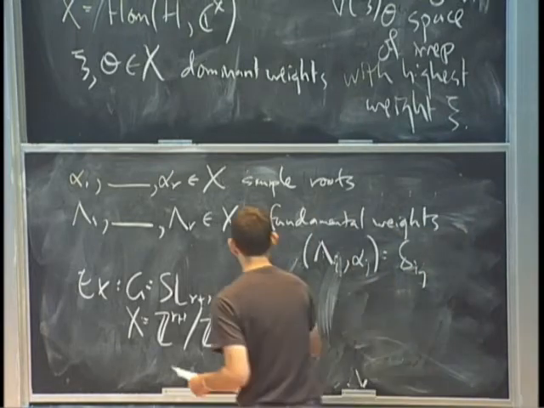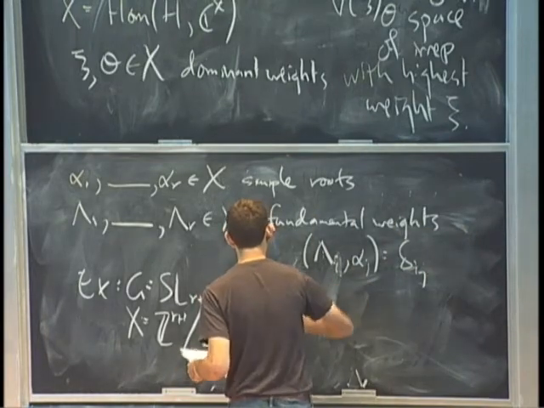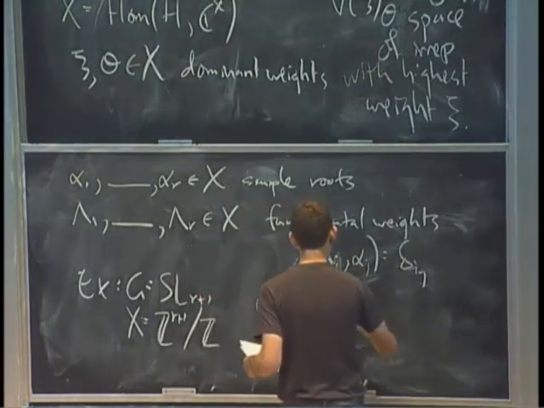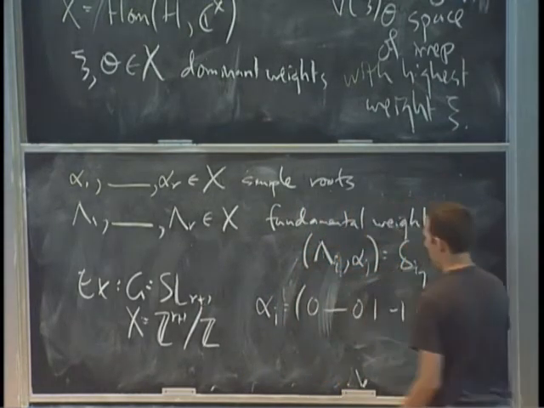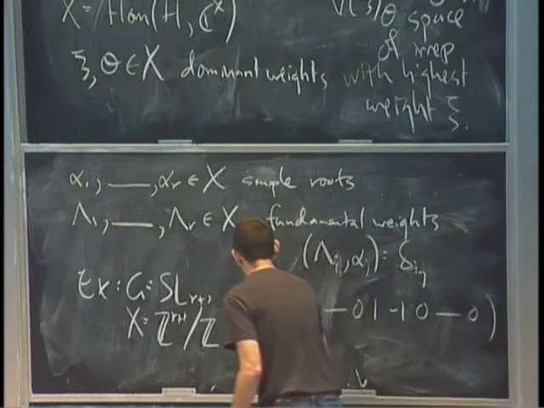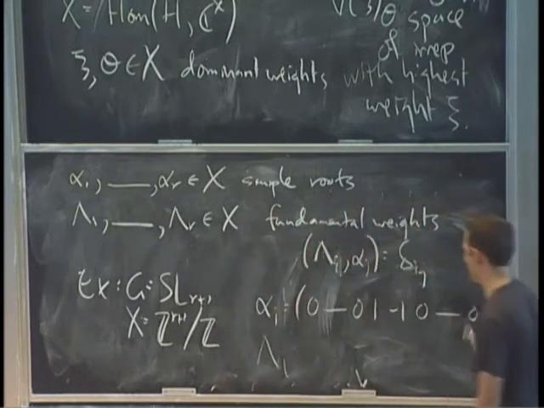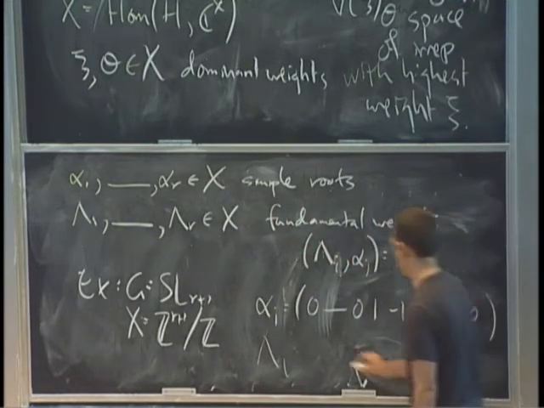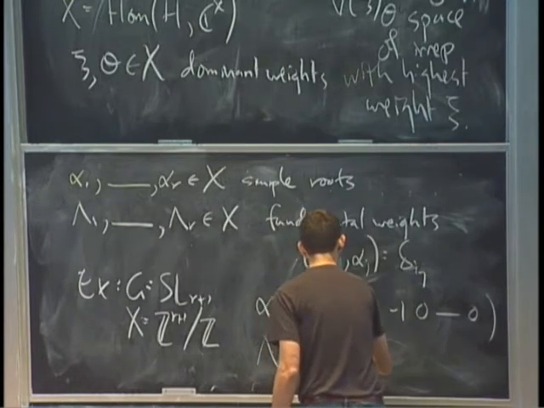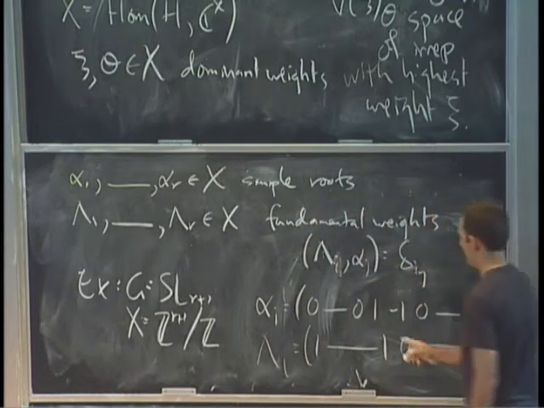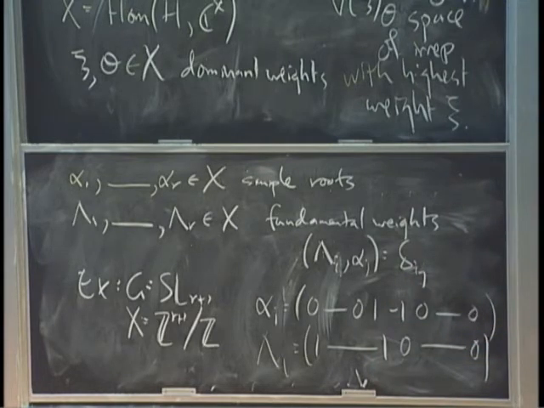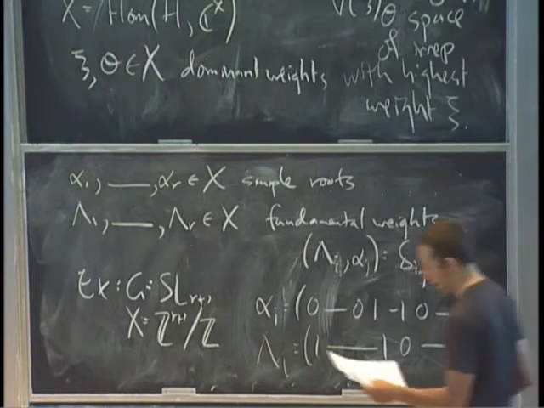And here alpha i is a bunch of zeros, and then a 1, and then a minus 1, and then a bunch of zeros. And lambda i is a dual basis to this, so it's just a bunch of 1s and then a bunch of zeros. So lambda i pairs with alpha i to be 1, but lambda j pairs with alpha i to be 0 if j is not equal to i.